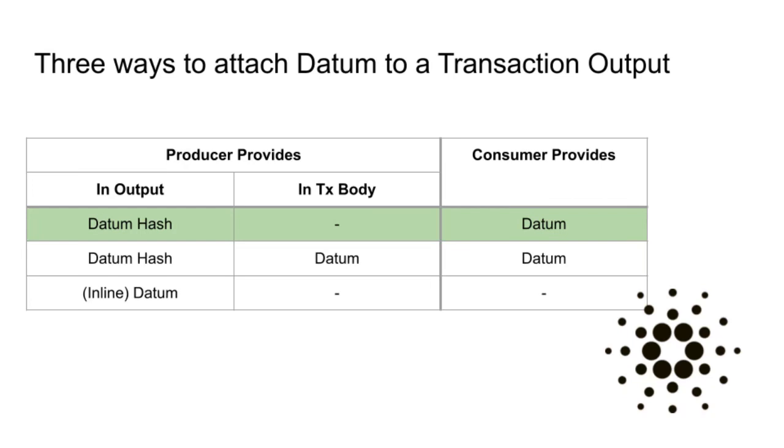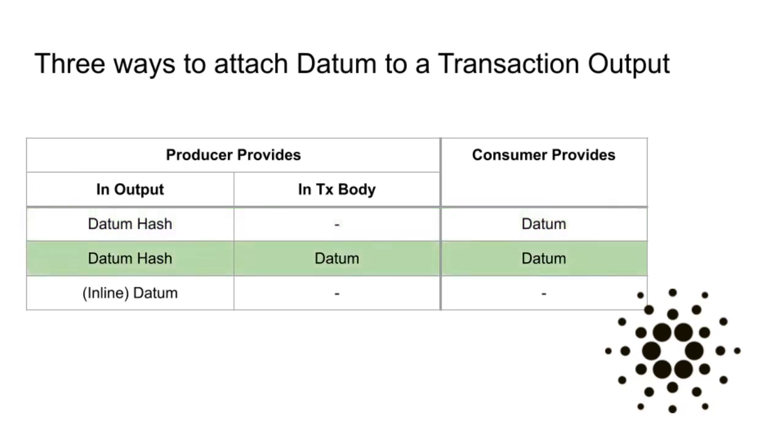This first option is actually the cheapest option for the producing transaction because the hash is quite small, so the transaction is smaller because it doesn't contain the actual datum value. However, it makes it difficult to consume such a script output because somehow the creator of the consuming transaction must know the actual value of the datum, which in this case is not saved on the blockchain.